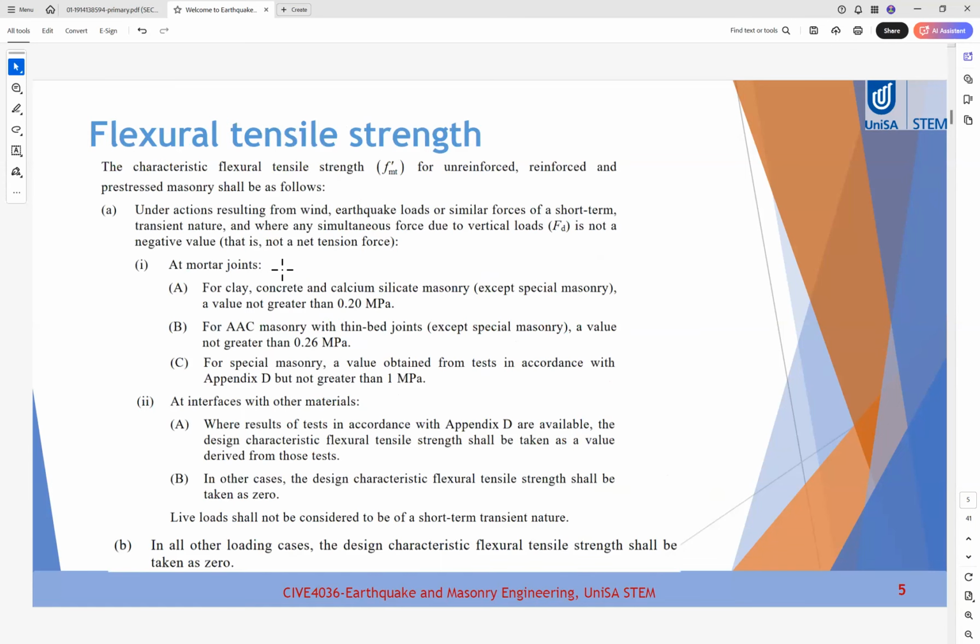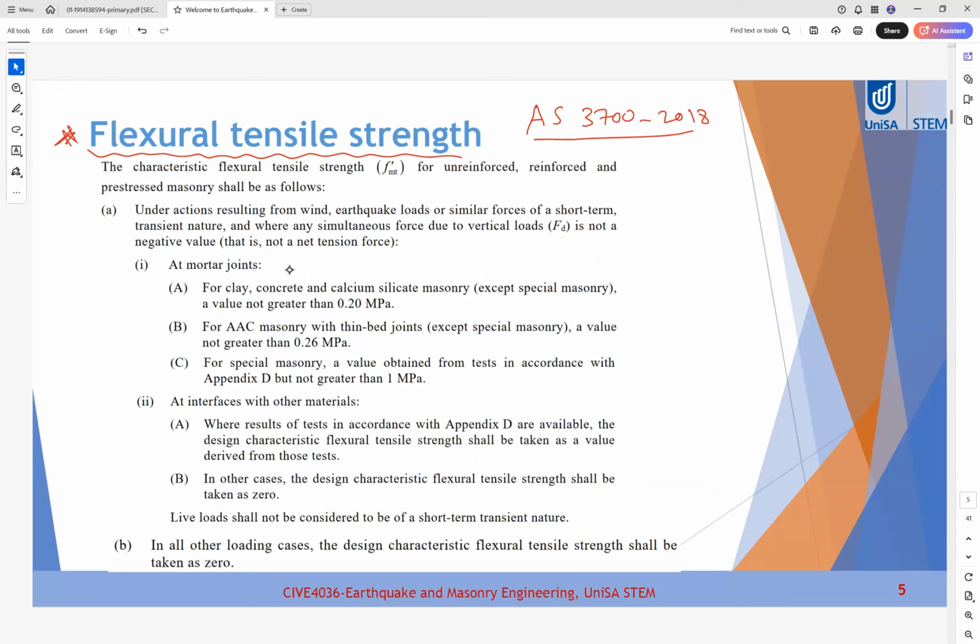Okay, so this is our first type of bending, the vertical bending. So let's have a look at the capacity of the masonry walls in vertical bending from the standard. The standard is AS 3700 2018.